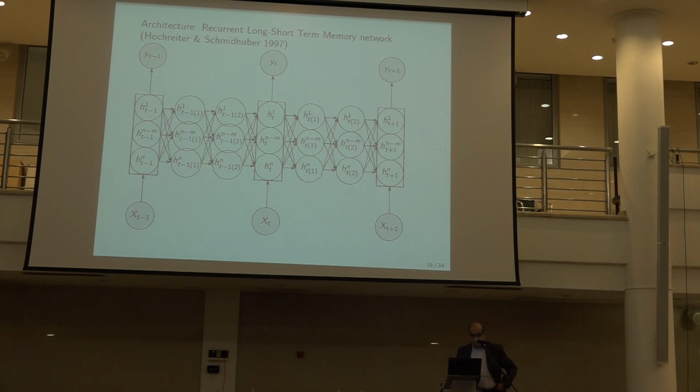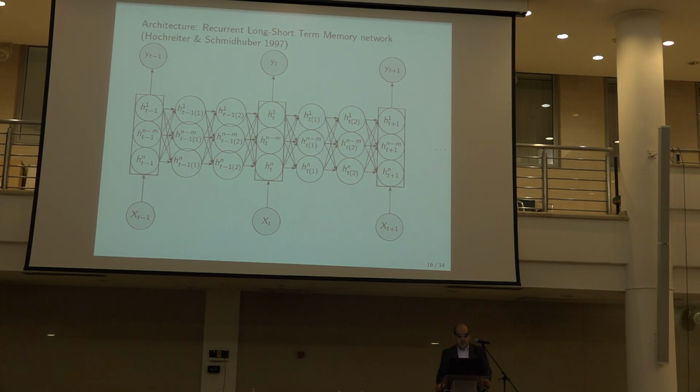When you have time series, it's a little bit more complicated because obviously there is a time dimension in the inputs and outputs, and you're not allowed to use the future to forecast itself because otherwise you can get perfect in-sample fits. So to tackle this, Hochreiter and Schmidhuber in '97 introduced an architecture which is called the long short-term memory network, or LSTM, the recurrent networks.